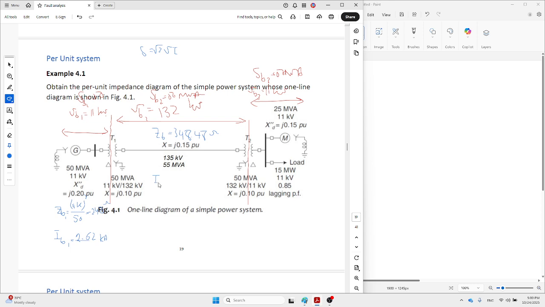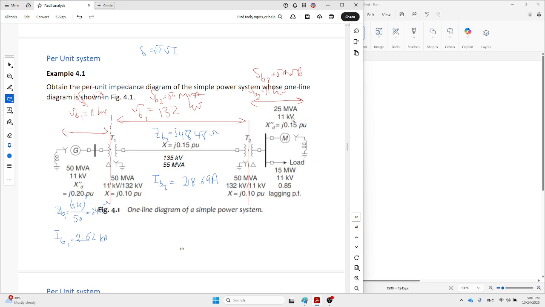And I base for section 2 is the same thing: 50 divided by 132 times square root of 3, which is 218.969. Assume 7 or 69. Okay, working for me. This is amp.